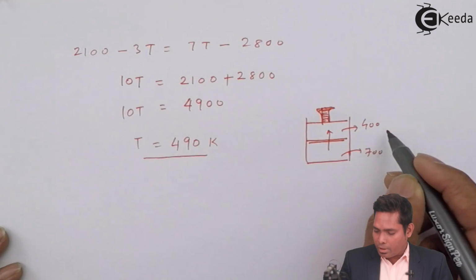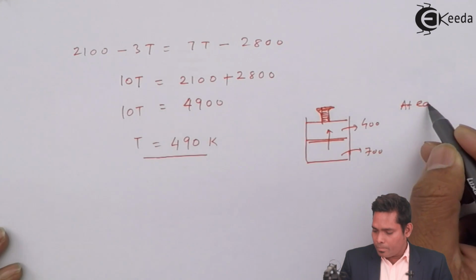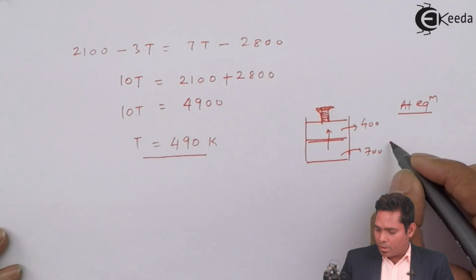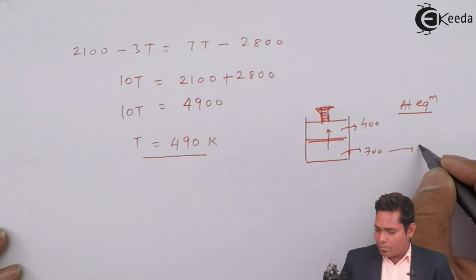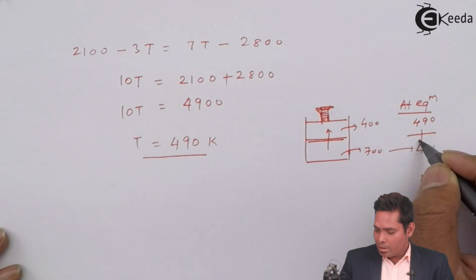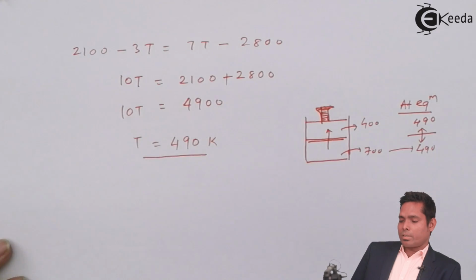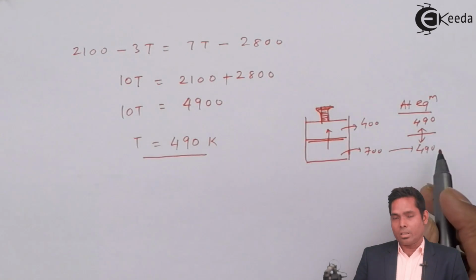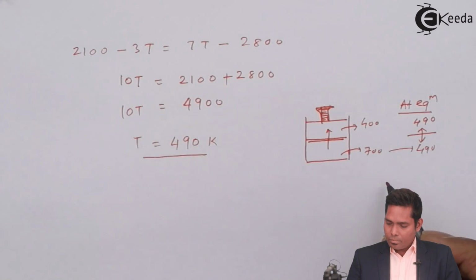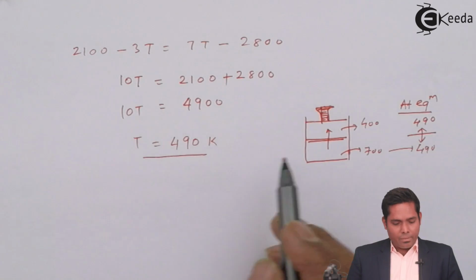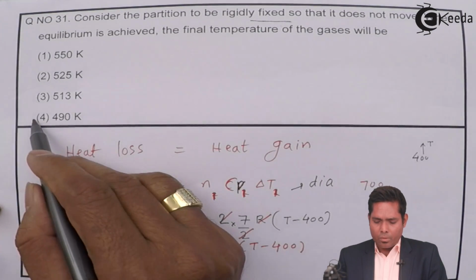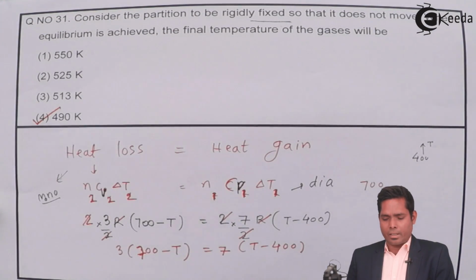Now at equilibrium, the temperature for this one is 490, and this one is also 490. In that case, there is equal heat exchange, or no net transfer of heat, in fact. So 490 Kelvin, and if I see the options, option number 4 is correct, 490 Kelvin.